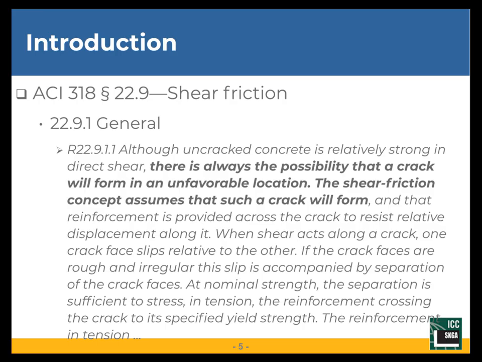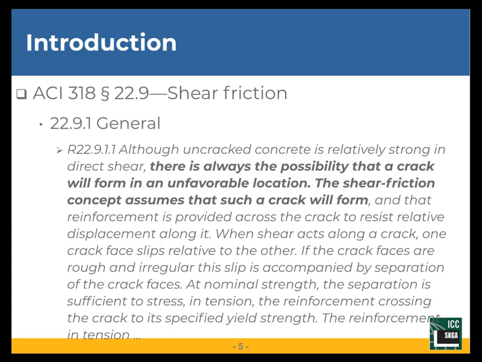And it's really a couple of statements in the commentary that drive the point home: there's always a possibility that a crack will form in an unfavorable location, and shear friction assumes that crack will form and that we're going to provide reinforcement to resist displacement of that crack. I think most folks on the call know concrete is quite weak in tension. We really don't rely on its tensile strength very much.